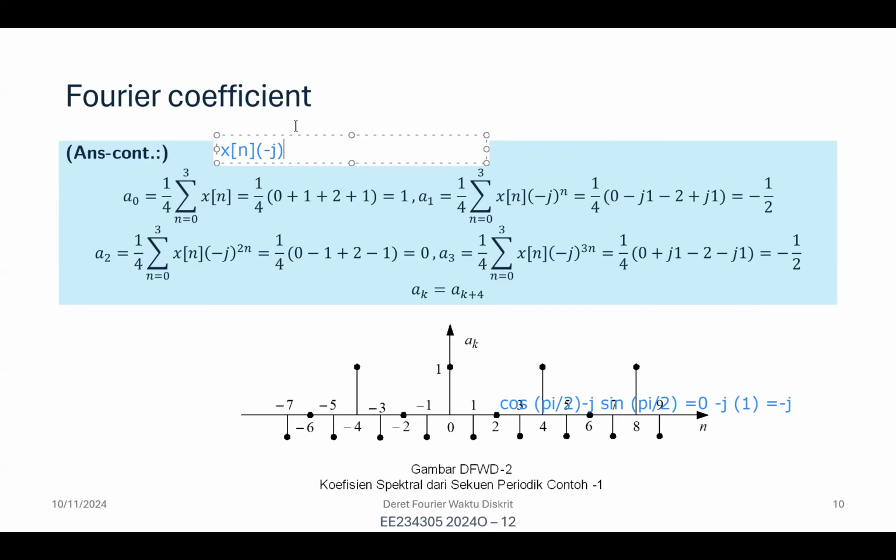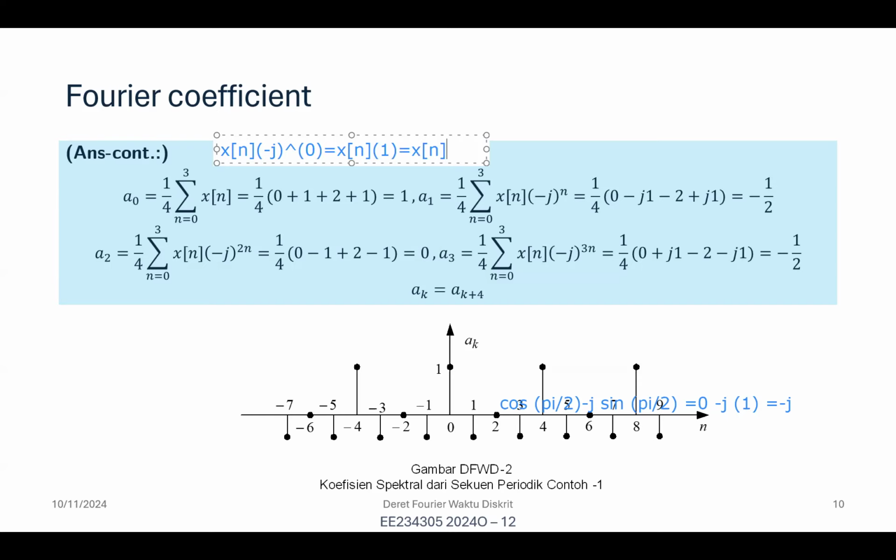So this would be x[n] times minus j to the power of 0, sorry, it should be 1, which is just x[n].